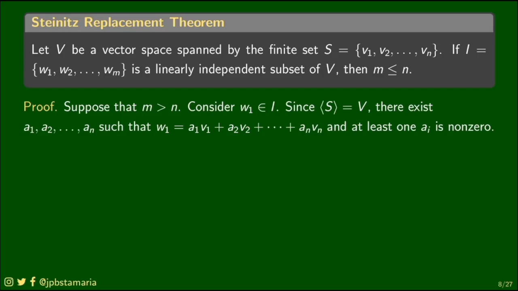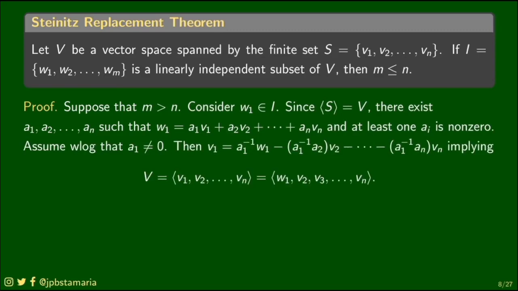Okay? So without loss of generality, if one of these is not 0, let's just say that A1 is the one that is not 0. So if A1 is not 0, we can isolate this term, put all these things here on the left, and then because A1 is not 0, we can multiply its multiplicative inverse on the left to be able to isolate the vector V1.